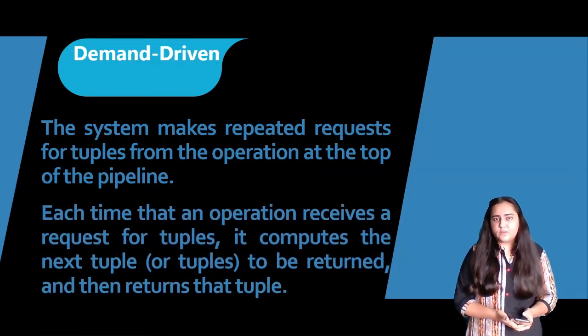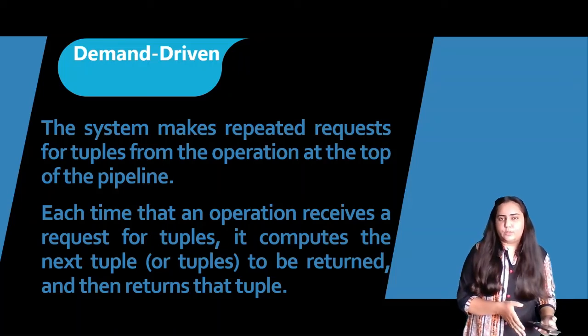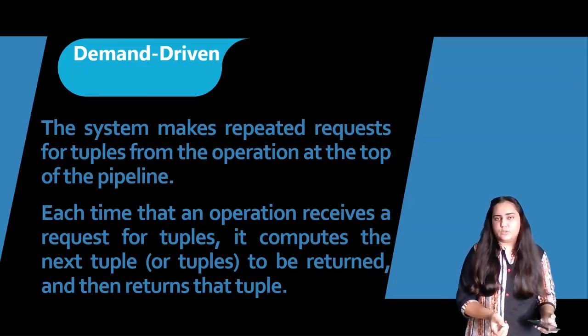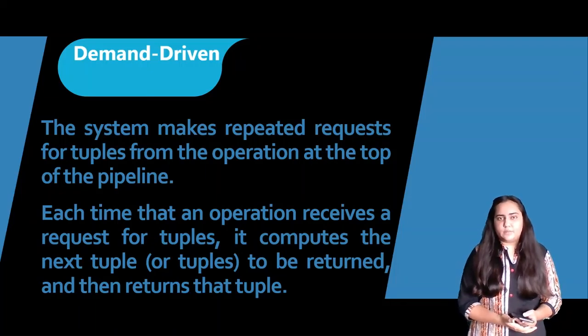And each time that an operation receives a request for tuples, it computes the next tuple or tuples to be returned and then returns that tuple. So this is almost like a programming language where one function is applied on a tuple and the result is returned to whichever place from where that function call was made.